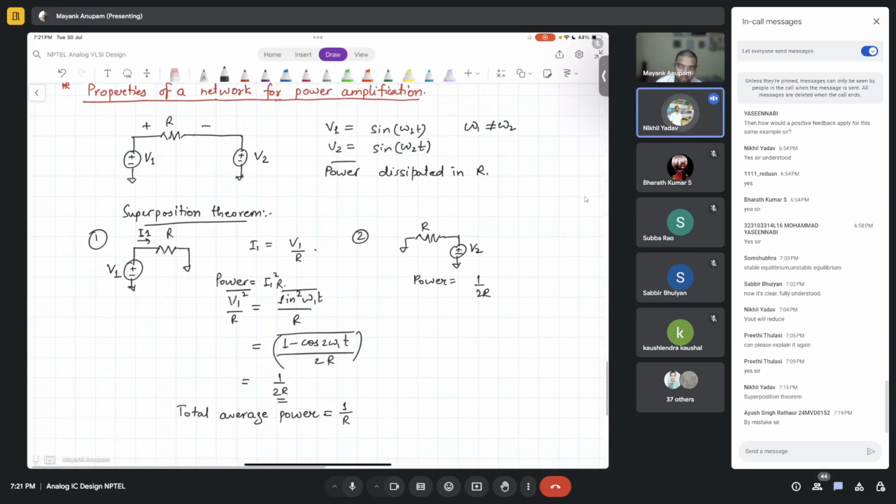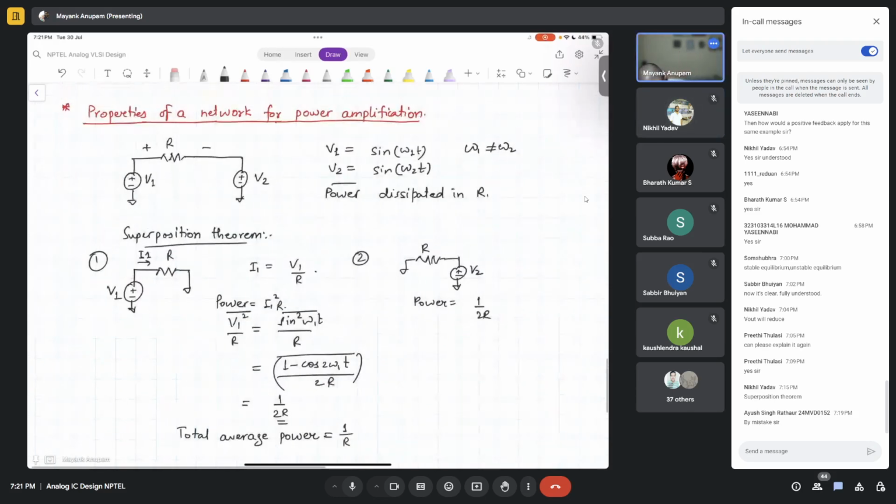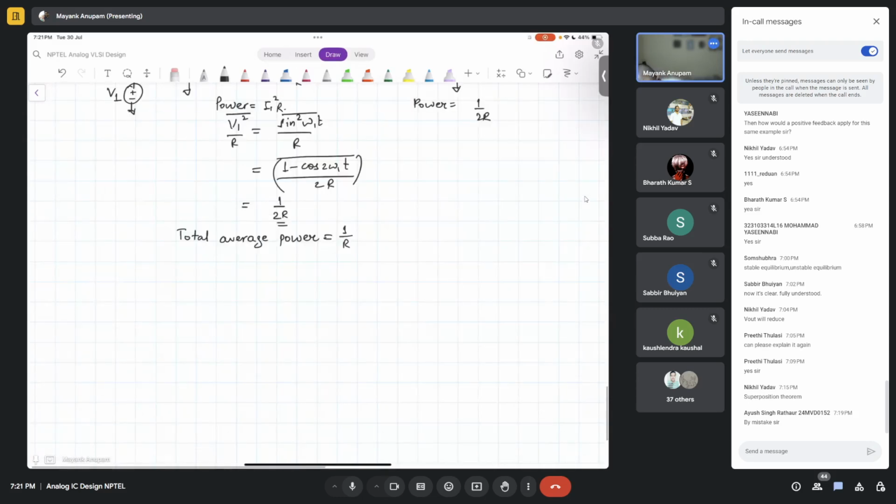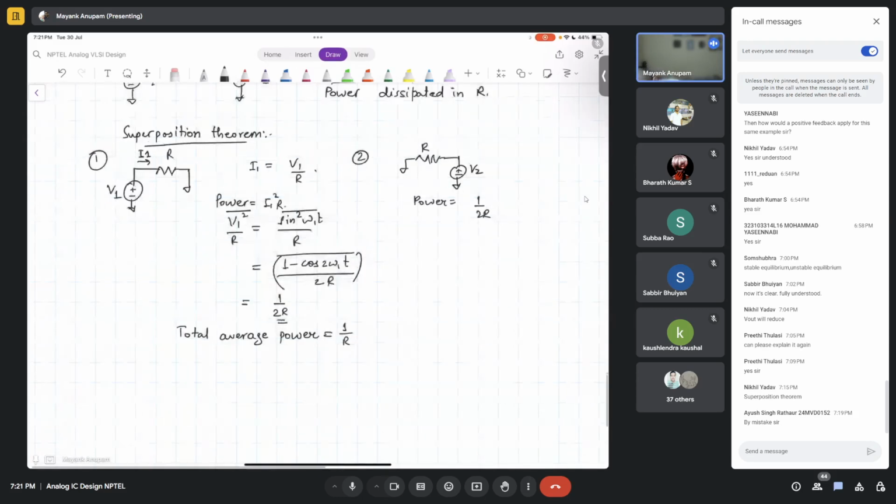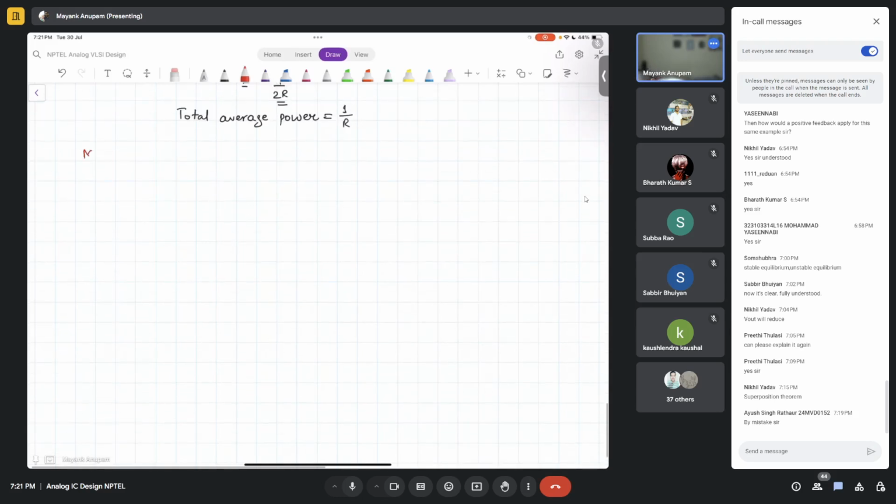So another way, let's call it the third one, would be: the voltage across R is V1 minus V2, isn't it?